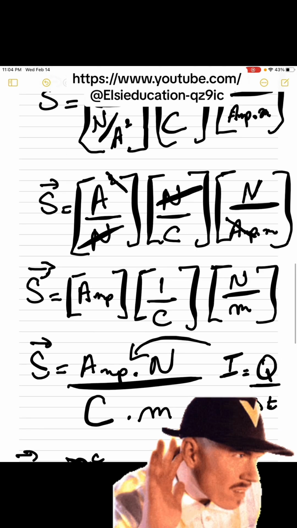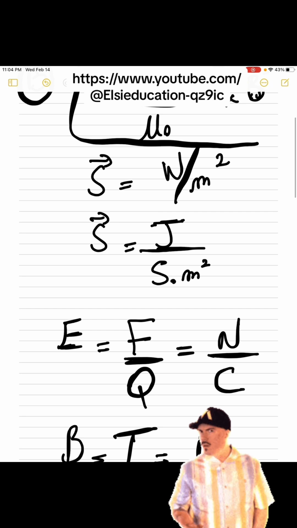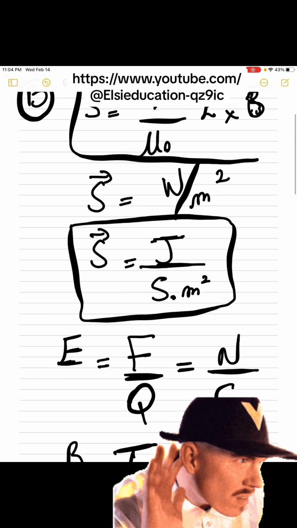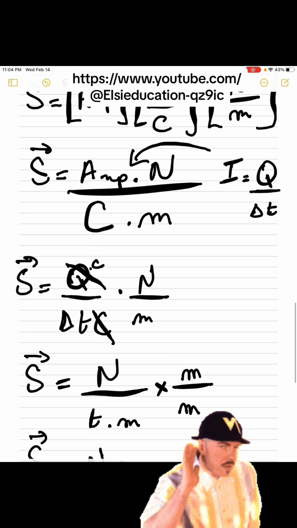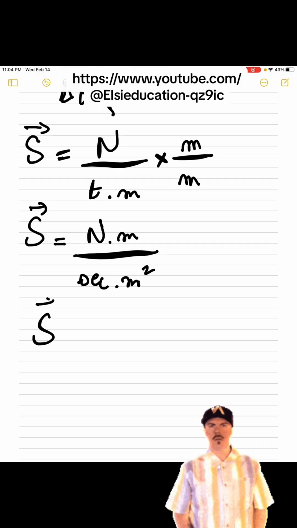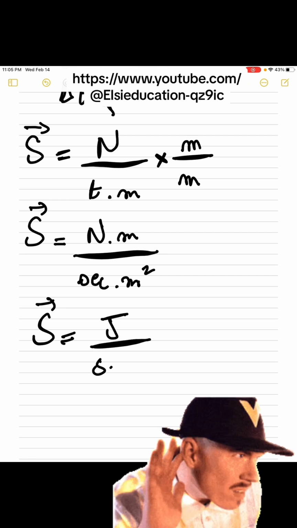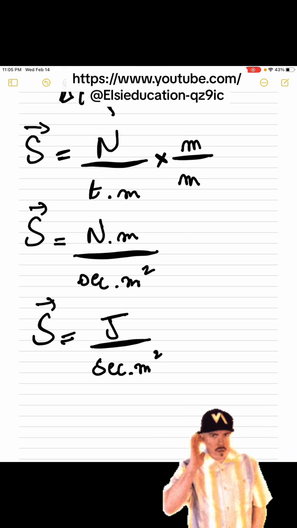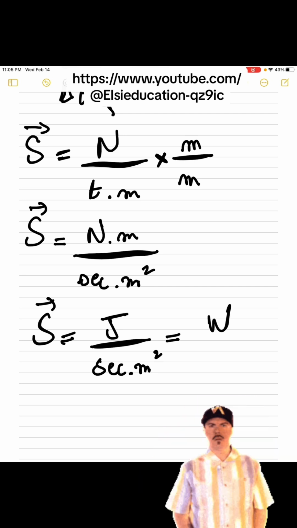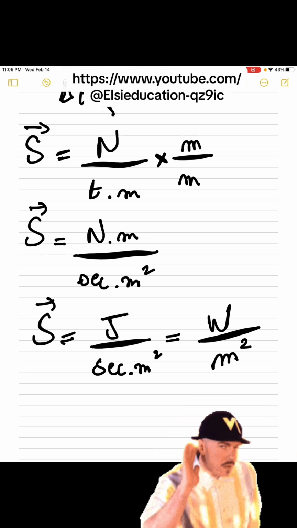So we are almost there to prove it's watt per meter square. What do we have left here? Newton meter is joule, divided by second multiplied by meter square, and then we can write down that it's power divided by meter square.